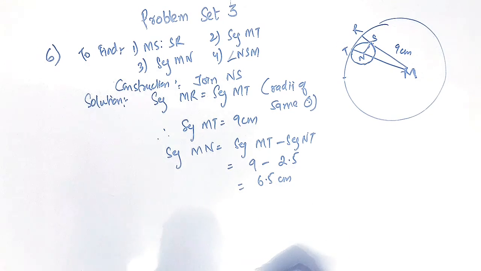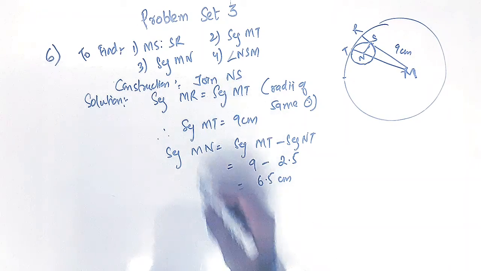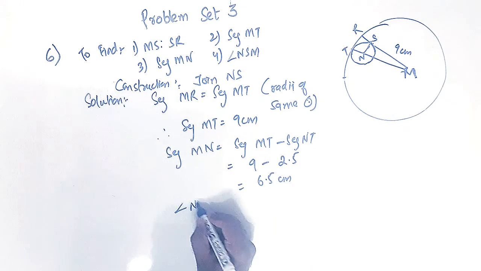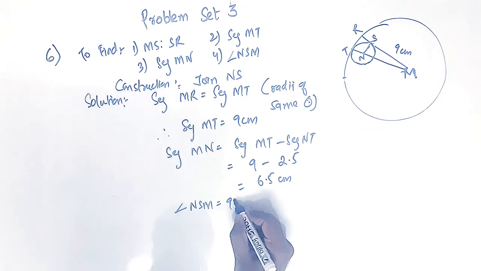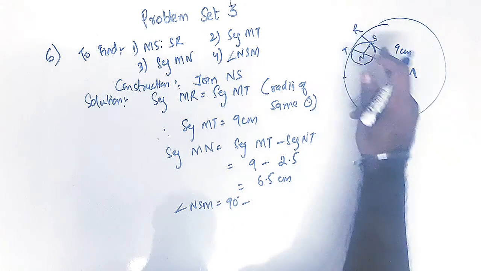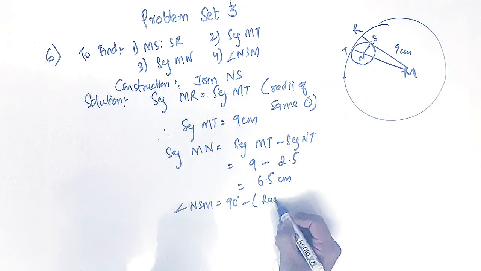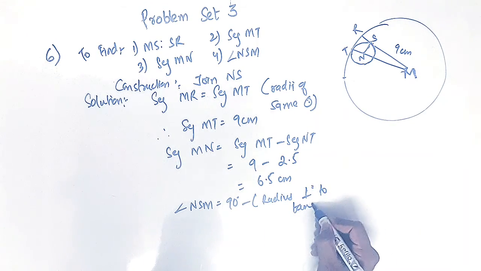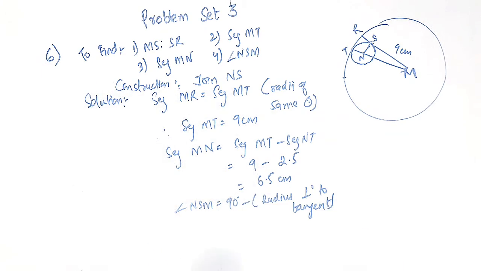Then coming to the fourth one, angle NSM. Very simple, angle NSM equals 90 degrees, as this is the tangent and this is the radius. I'll simply write radius perpendicular to tangent. Angle NSM equals 90 degrees, correct?